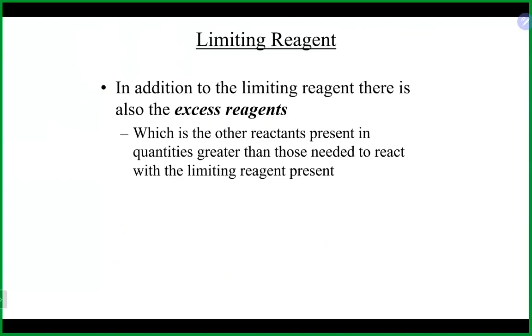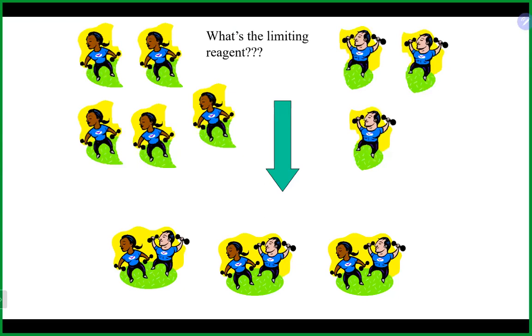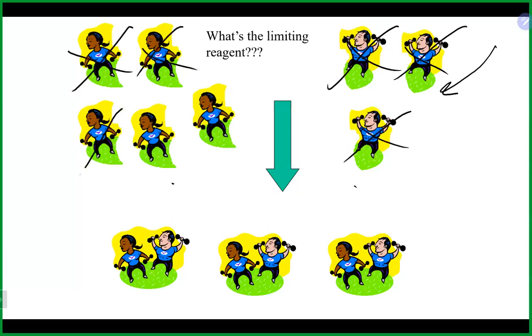The excess reagent obviously is the one that we have plenty of still there when the reaction is over. So for example, here, if we're going to make some workout buddies and we got 5 on the left and 3 on the right, our limiting reagent looks like the guys over here. We're not going to be able to put them together anymore after we run out of 3 of them, which is going to join up with 3 on this side.